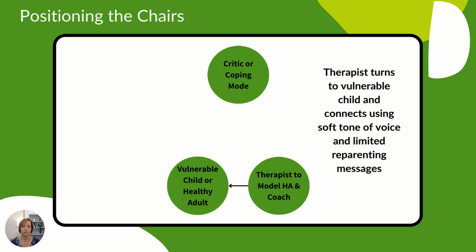And so from this position, the therapist can turn to their client who's sitting in the vulnerable child chair, and connect using a soft tone of voice and those lovely limited reparenting messages. So being in that close proximity to a client sitting next door really lends itself to being able to connect with the part of them that's feeling.